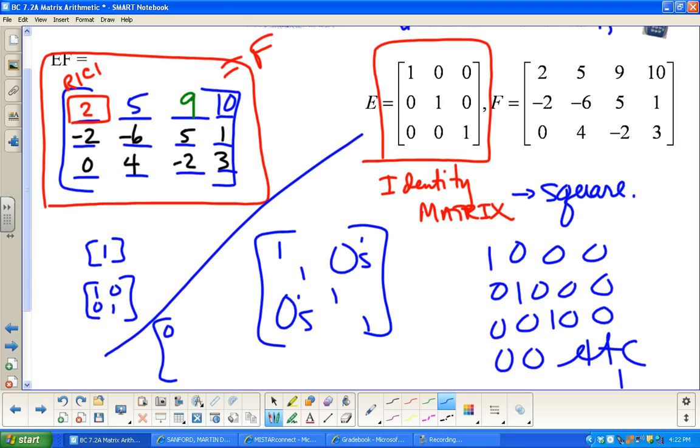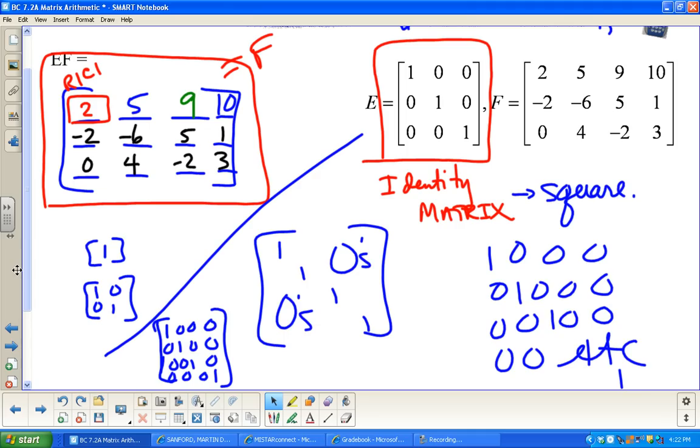Whoop, sorry. 4 by 4, and this will be the last one I write. All right, kind of messy, sorry. All right, so and that's it for identity matrices. You can keep going, but it's always ones down that diagonal from left to right, and yes, it needs to be that diagonal. Okay, well, I'm going to be done at this point.